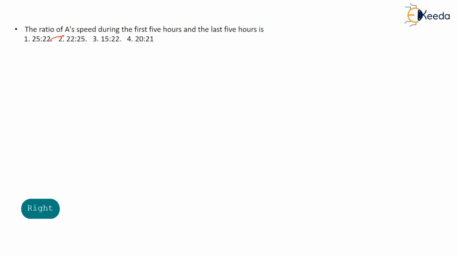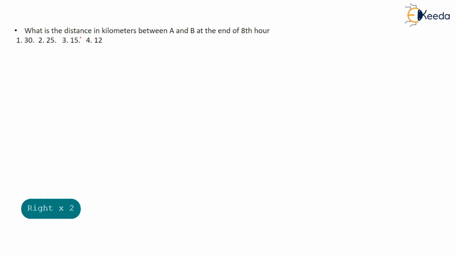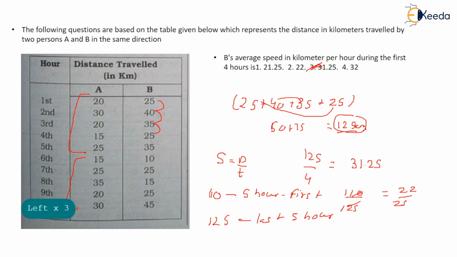Okay, so option B. Third question, what is the distance in kilometers between A and B at the end of the 8th hour? So you have to check the distance between A and B at the end of the 8th hour. So till the 8th hour you have to see the difference.